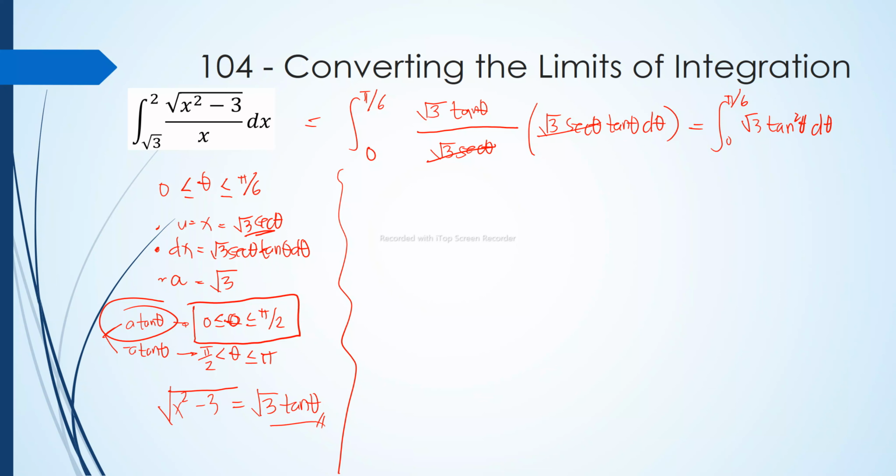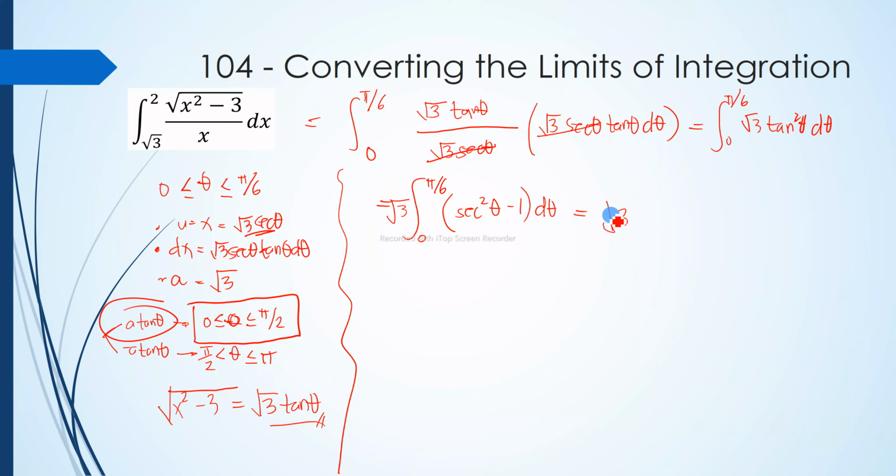So we know that tangent squared theta is equal to secant squared theta minus 1 d theta, to be evaluated from 0 to pi over 6. So, kabalo na ta. Next na buhaton is dali na kayo because we know that the integral of secant squared is just the tangent theta. Okay, continue.